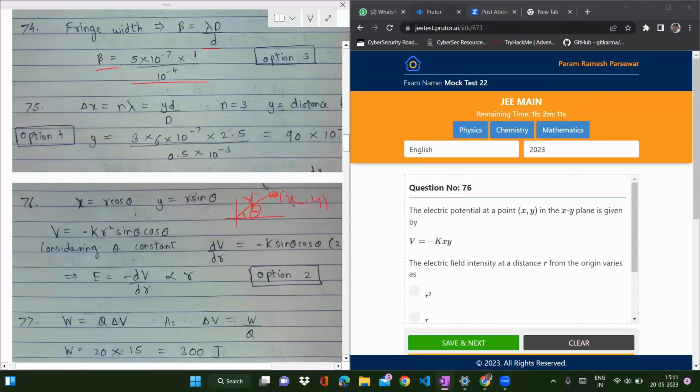So we can see r cos theta equals the x coordinate and r sin theta equals the y coordinate. So just put these values, and it is asking the variation with respect to r.